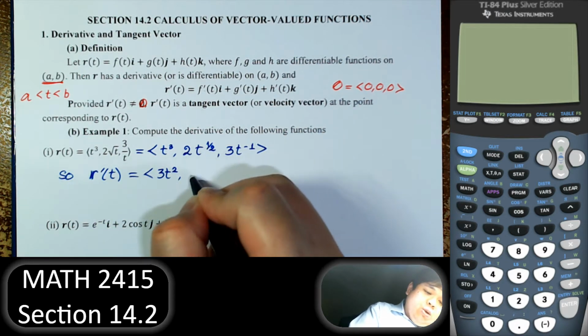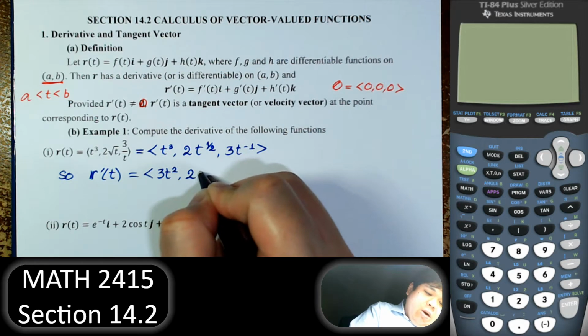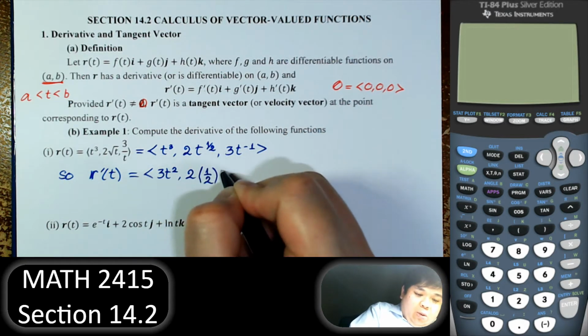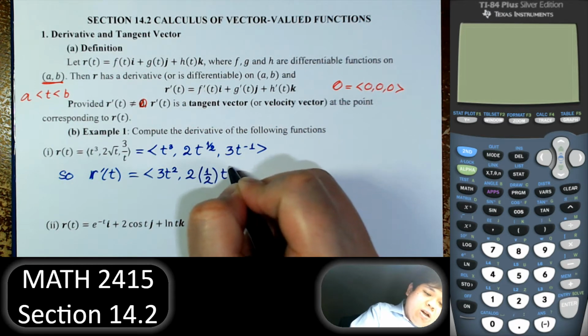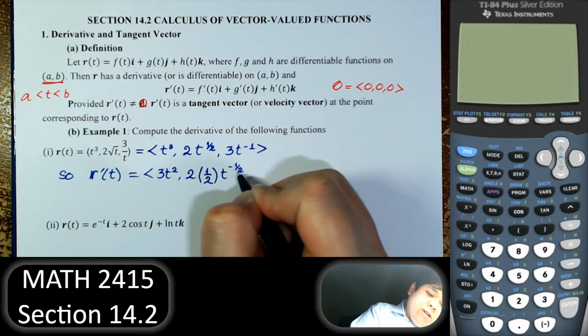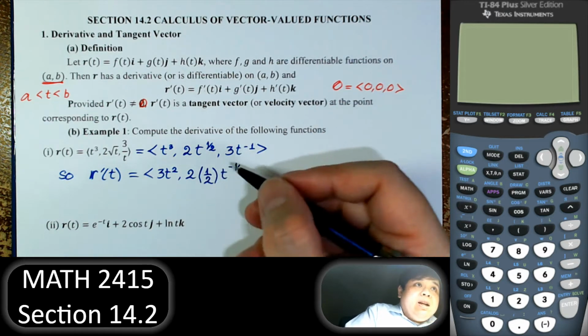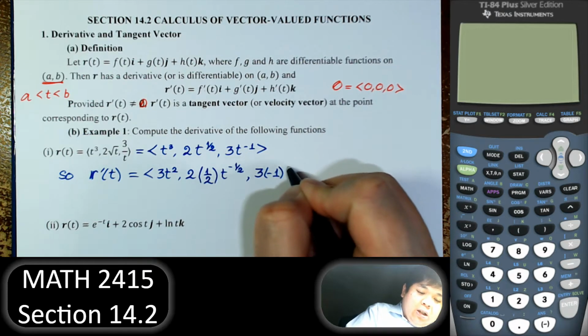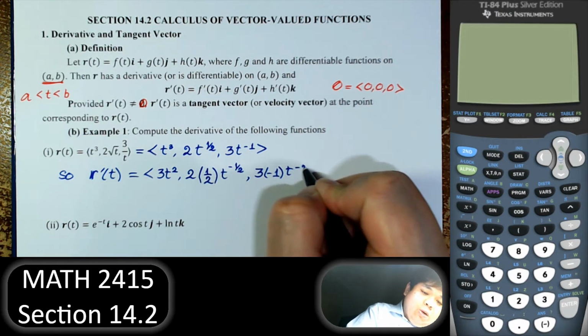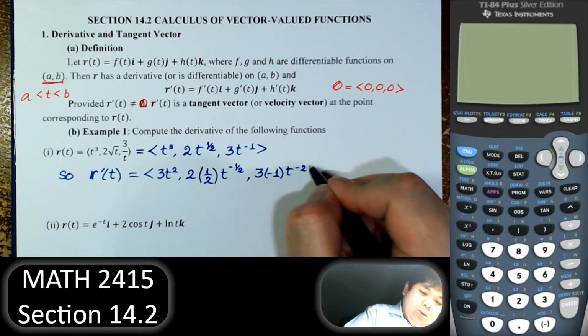Of 2t to the 1/2, I take down the 1/2, and the original power of 1/2 minus 1 is minus 1/2. And then the derivative of the last term, the original power -1 becomes -2.